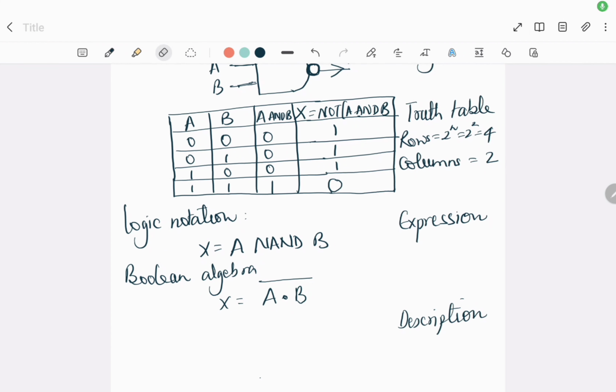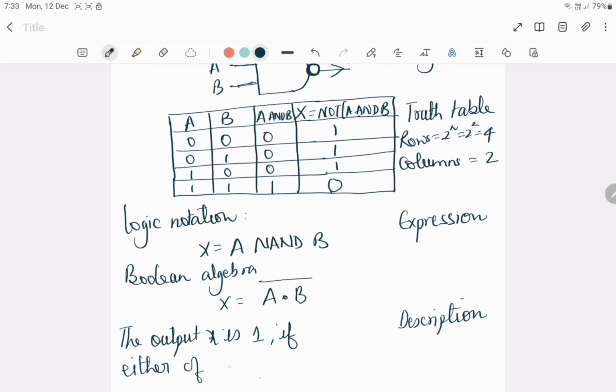Let's put the description together. The output X is 1 if either of the inputs A, B or both are 0.